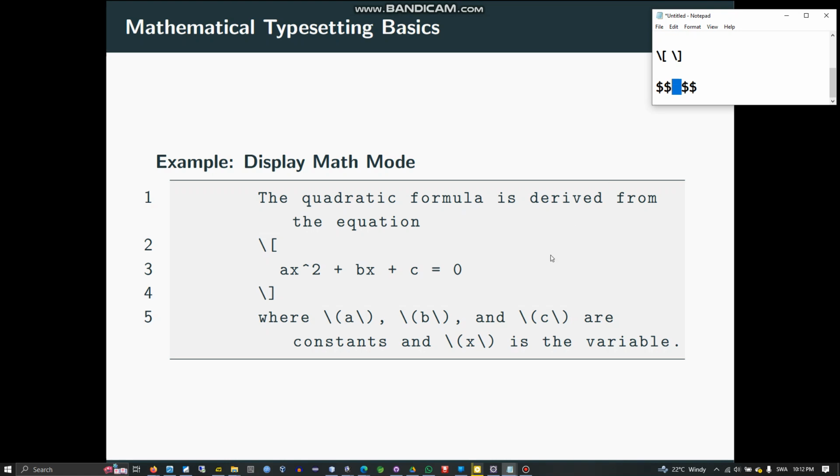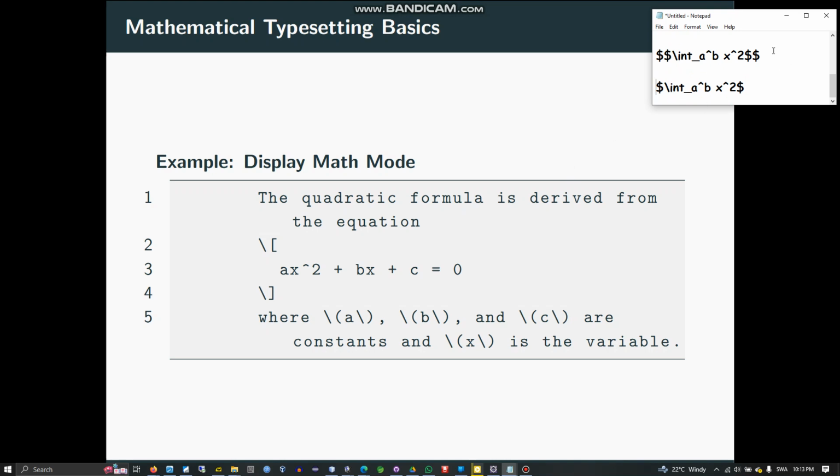That means if we have an integral from a to b of x squared, this one will be different from this one, because for this one it will be given enough line height, but for this one it will be squeezed into the line height that it has for that specific line.